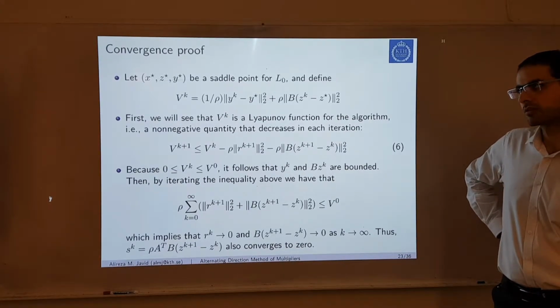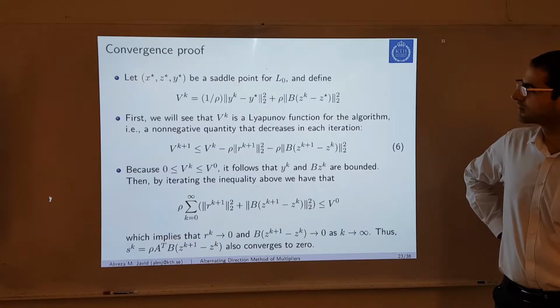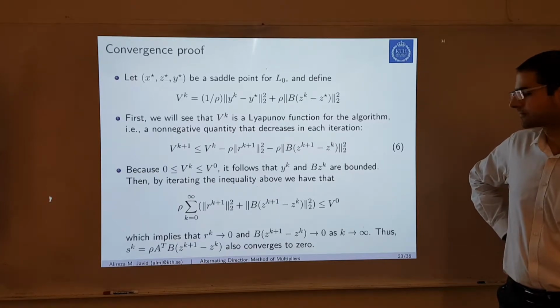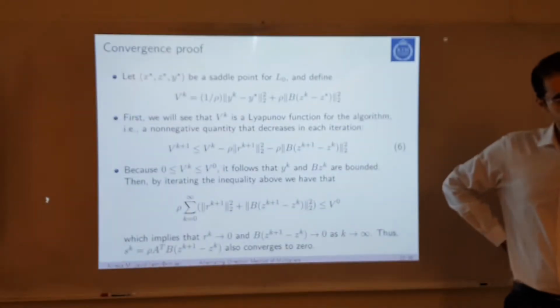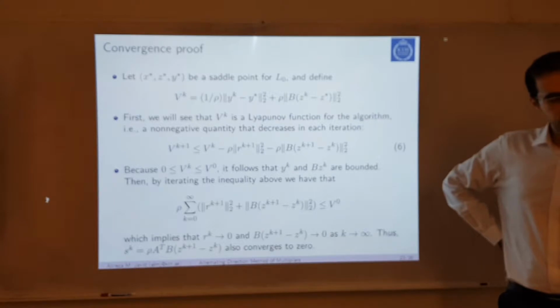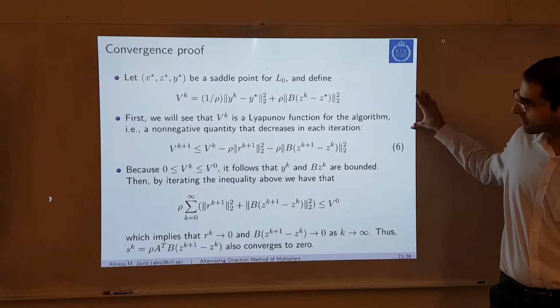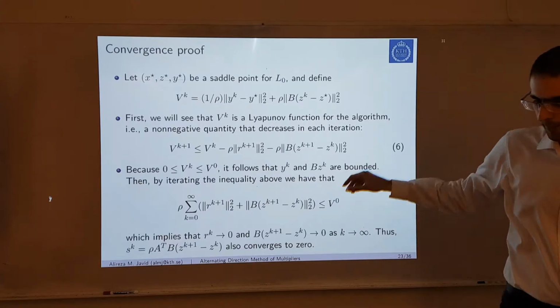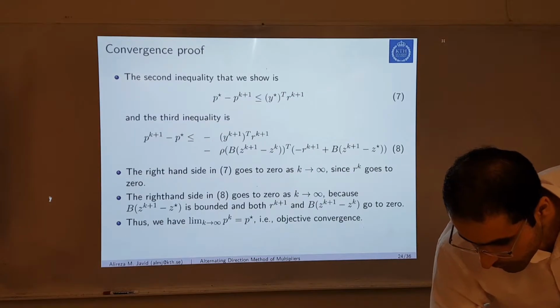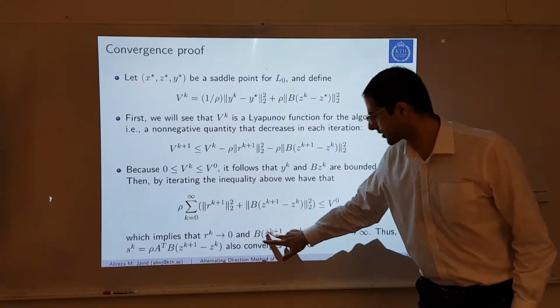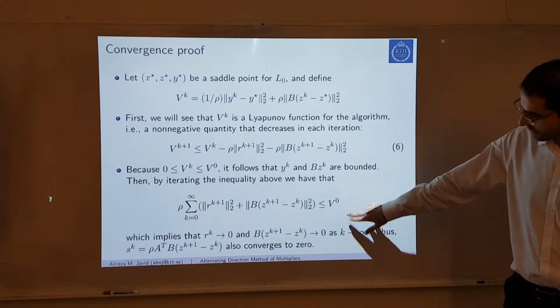That's also pretty common, like you don't start from somewhere that is infinitely far from the optimum. Exactly, that's reasonable. So anyway, these two converge to 0 because of this inequality.